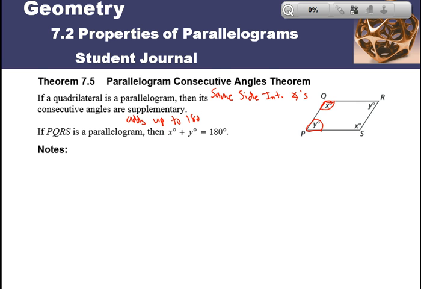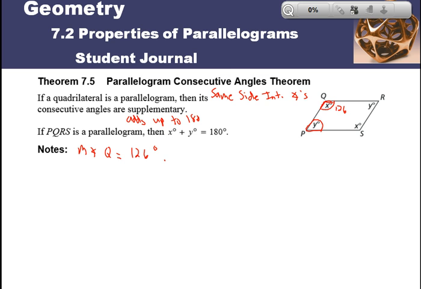So again, let's say that this is, I don't know, 126. So we're given that the measure of angle Q is 126 degrees. Great. We have to find all the other angles.